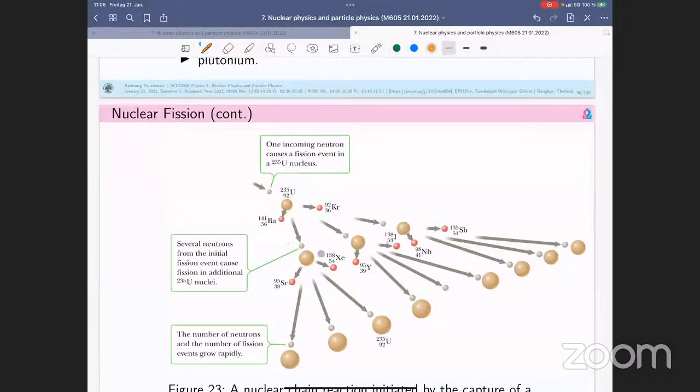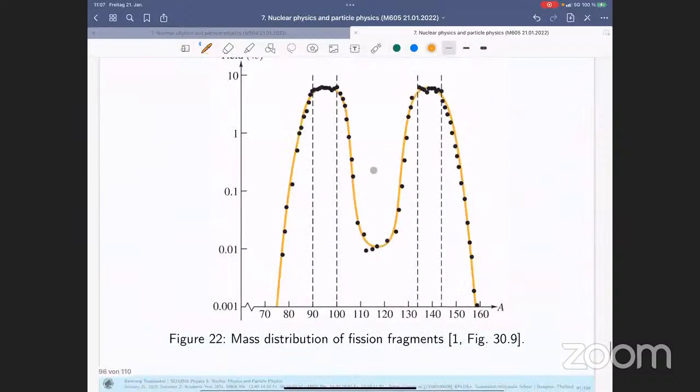The neutron may hit the uranium, but it may not turn into barium or krypton. It could be any other daughter nuclei according to this distribution. It could be any combination of the black dots here.